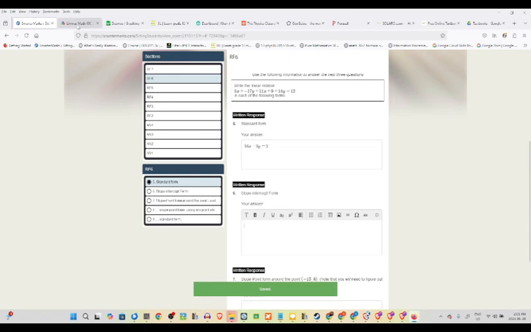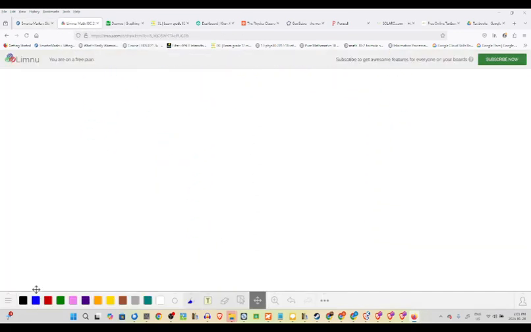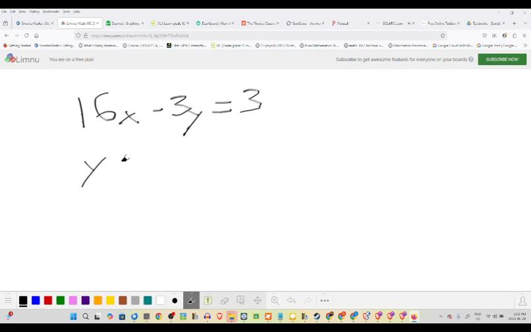Slope-intercept form, we have to convert that. So we have 16x minus 3y equals 3. Slope-intercept form is y equals mx plus b.